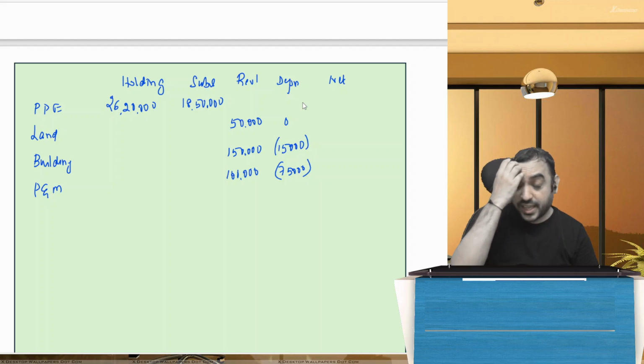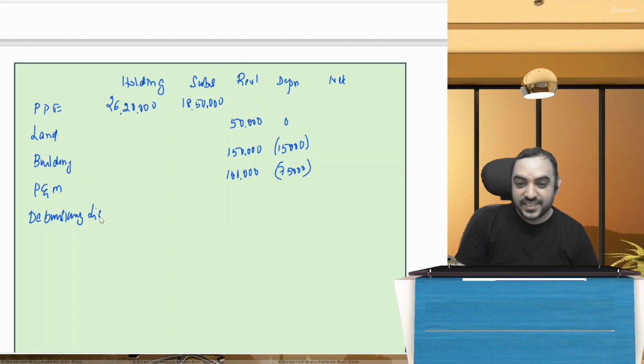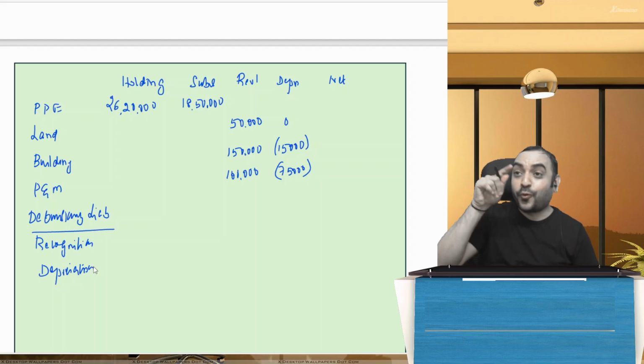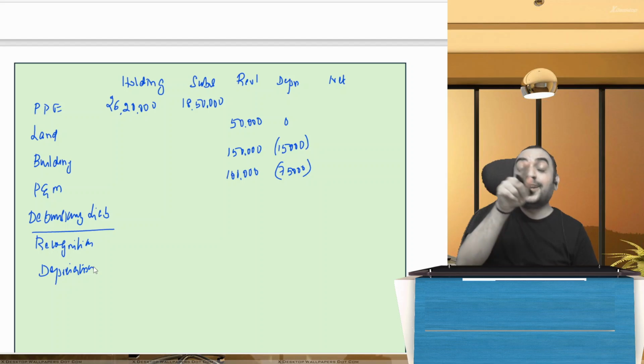The holding company has one more thing, the decommissioning liability adjustment, right? So the decommissioning liability adjustment: recognition, then depreciation. Initial recognition and then provide depreciation. And no need to reverse any provision here. The provision created was only taken to P&L by the company earlier, which we reverse in the P&L provision.